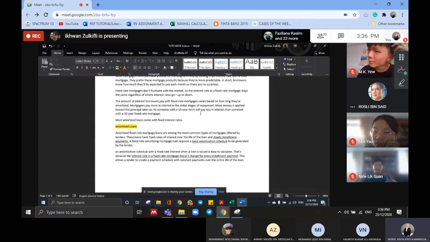I mentioned to you just now the meaning of amortization. So basically all the loans here, all the mortgage products here, will be fully amortized at the end of the mortgage period.